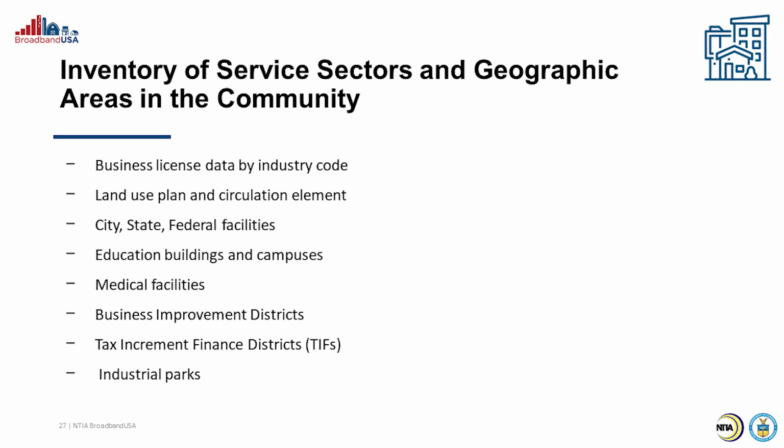Are there any business or industrial parks? So all of this information will build the plan and can offset the cost or make it more attractive for a provider to come in and provide service or build or expand broadband infrastructure.